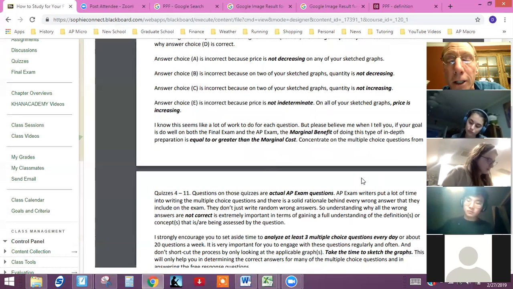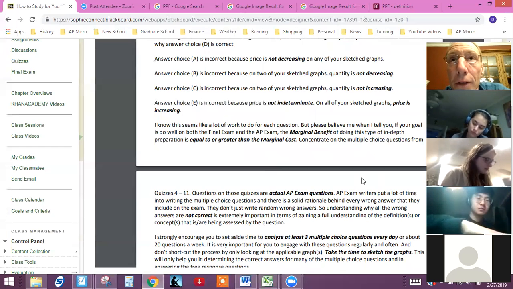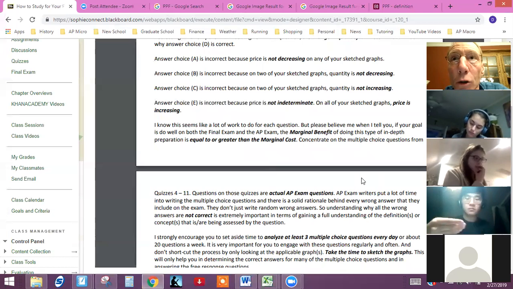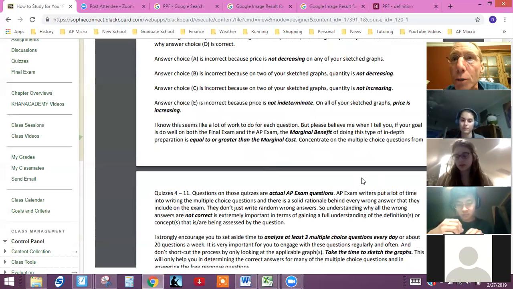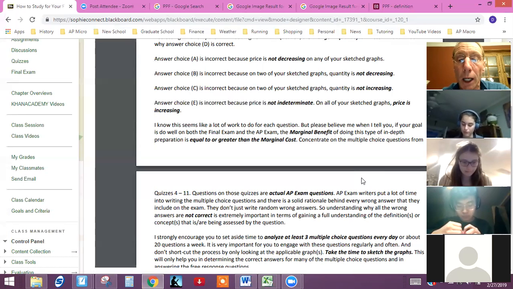The key to getting a lot of these multiple choice questions correct is to be able to quickly sketch the graph and see what's going on graphically, and that will really help you get the right answer. Okay? So be able to draw those graphs from memory easily. Okay? All of them. That's really important.